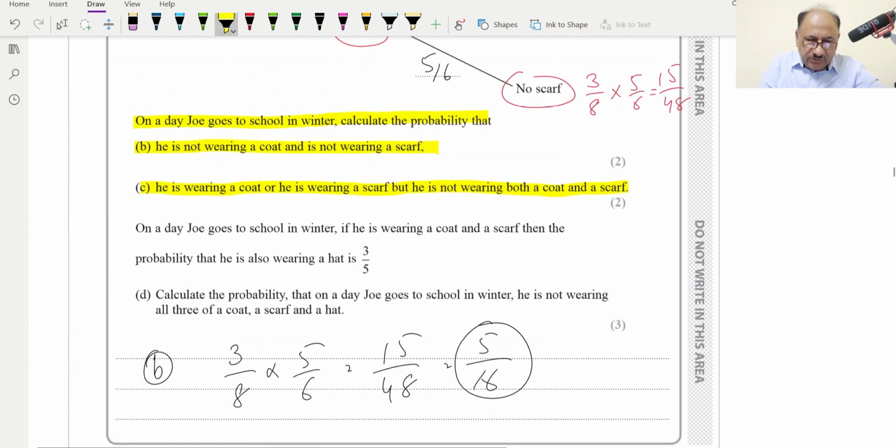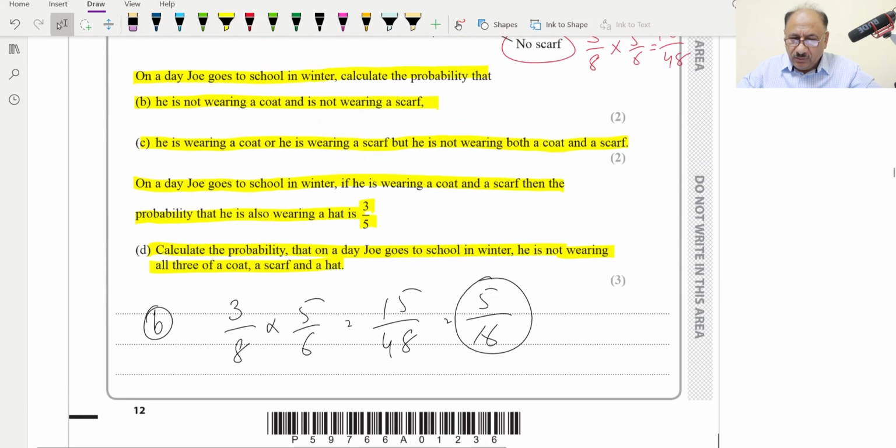part says on a day Joey goes to school in winter. If he is wearing a coat and a scarf, then the probability that he is also wearing a hat is 3 by 5. Calculate the probability that on a day Joey goes to school in winter, he is not wearing all three of a coat, a scarf, and a hat.